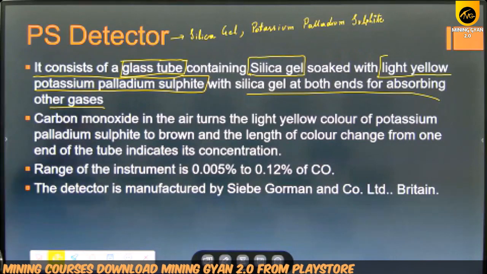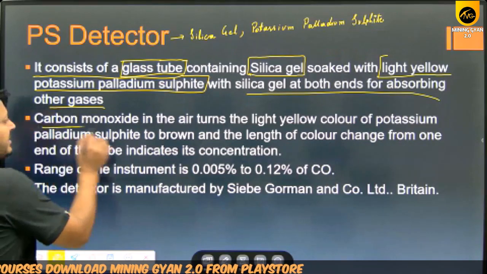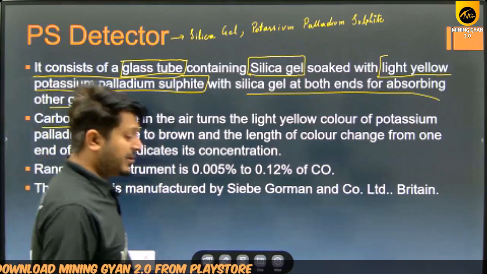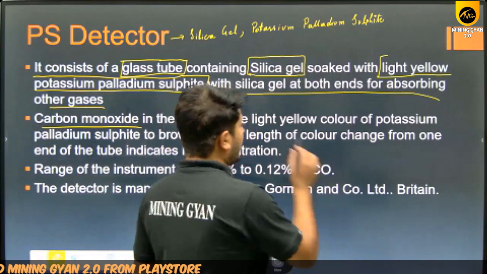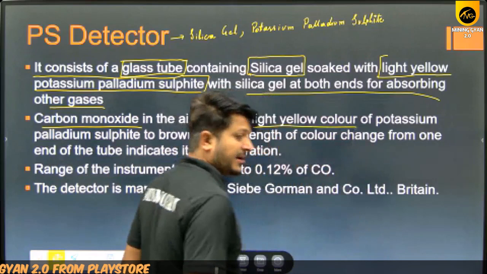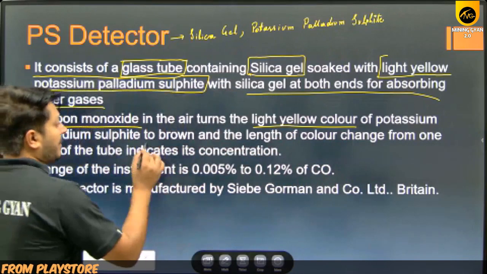Now, when the carbon monoxide comes in contact with the potassium palladium sulfide, then the light yellow color of the potassium palladium sulfide changes into brown color.